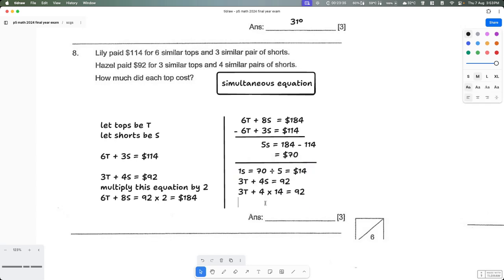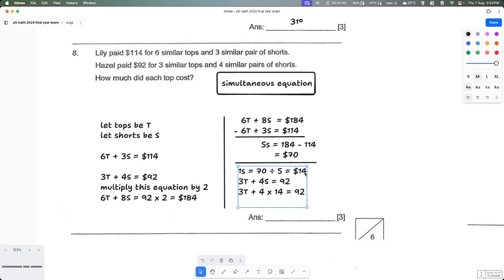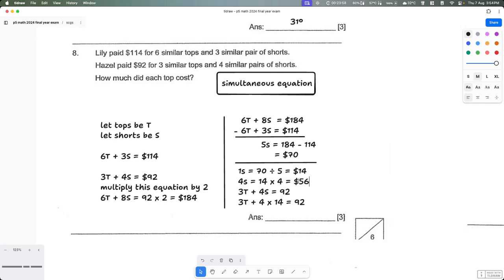So 4S equal to 14 times 4. This will become 14 times 4, $56. So that means this will be $56.